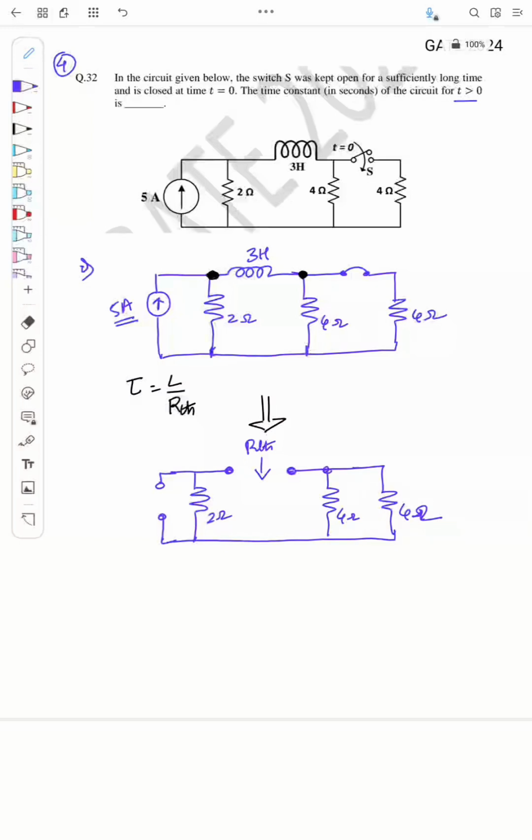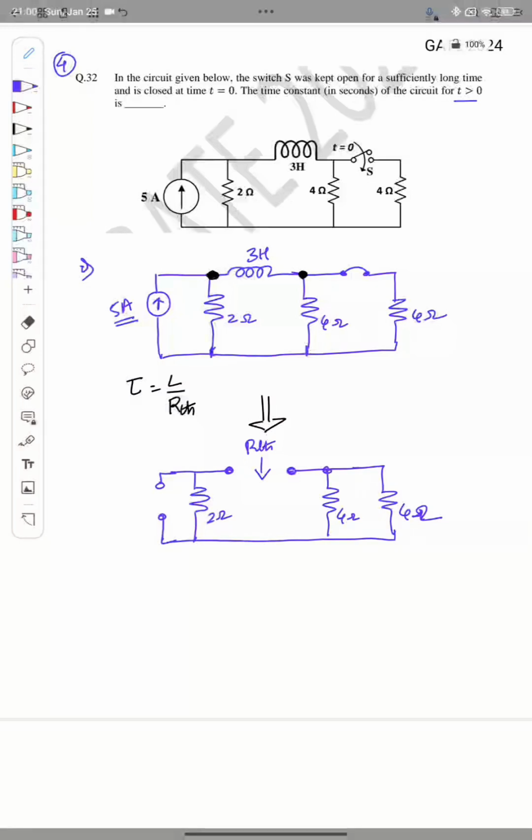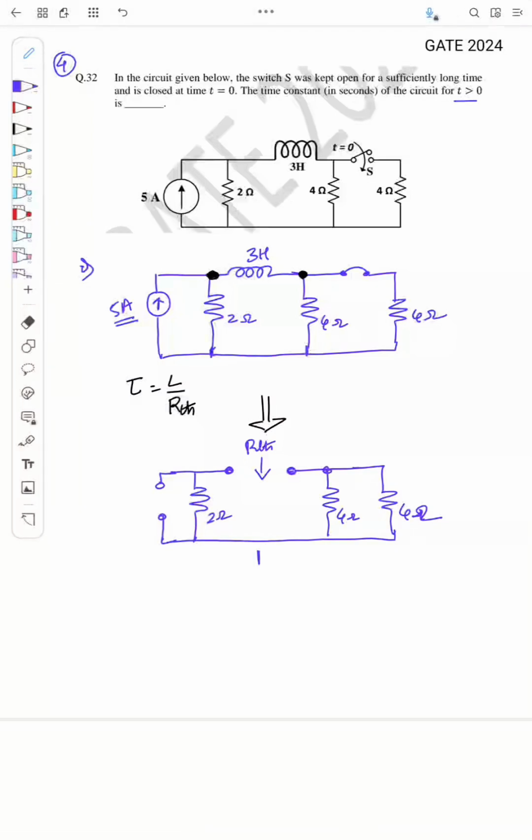If we carefully see, this circuit is like this: node 1 and node 2. From node 1 there is one resistor of 2 ohm, and at node 2 I have 2 resistors of 4 ohms.